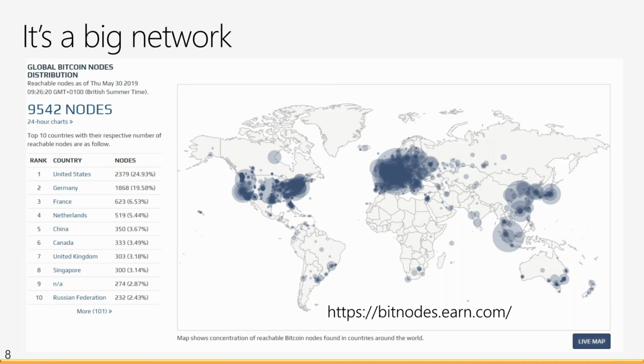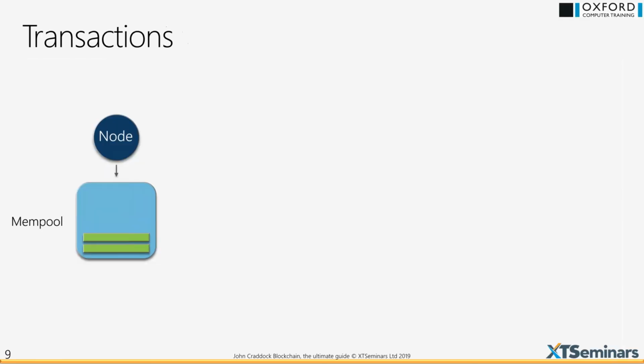On that map, and I've given a reference to where you can find it, you will see the distribution of Bitcoin nodes. There's a large number in the United States, but also a fair number in China and Canada. The United Kingdom's not doing too badly either.